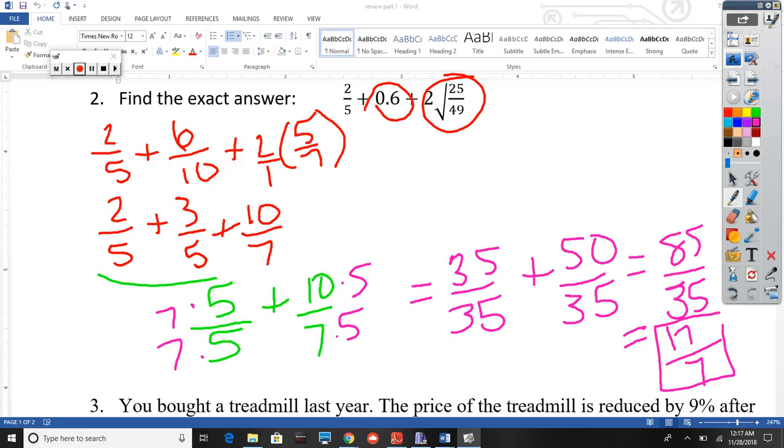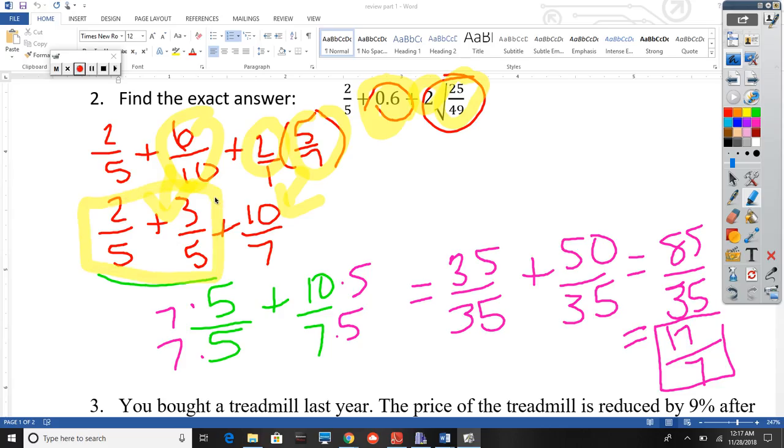Okay, so again, the first few things I did: turn that into a fraction and simplify it. Then take the square root of each separately and multiply it by that 2 that's outside. That's what I got. And then I added these fractions, which luckily I got the same denominator.